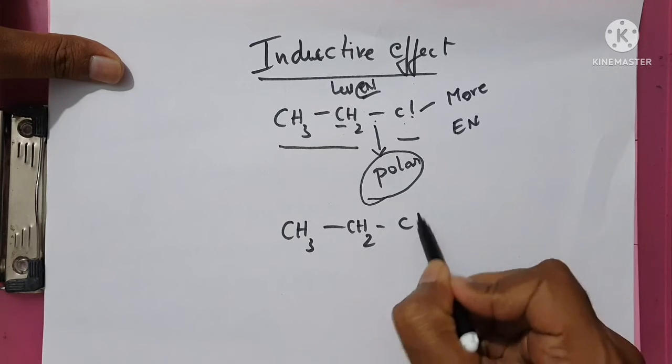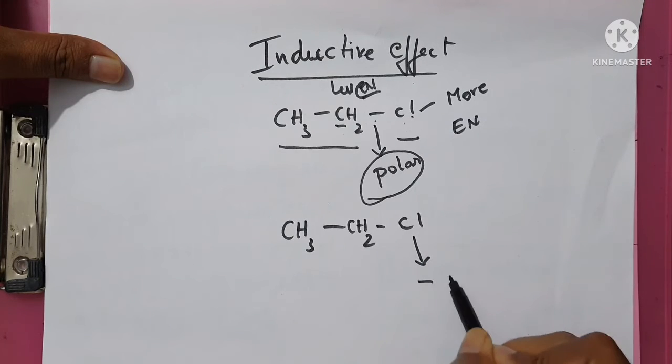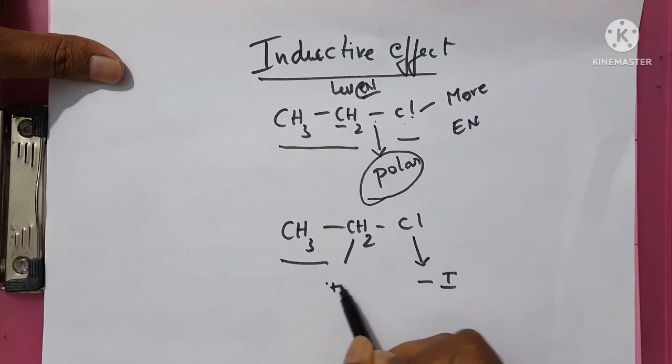You can observe here. This chloride will show a -I effect, whereas this carbon and this whole part will be showing a +I effect.